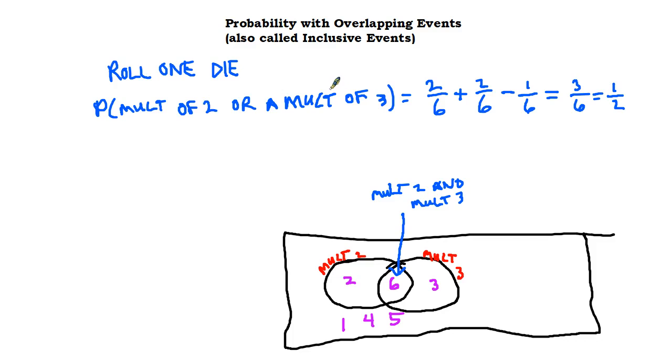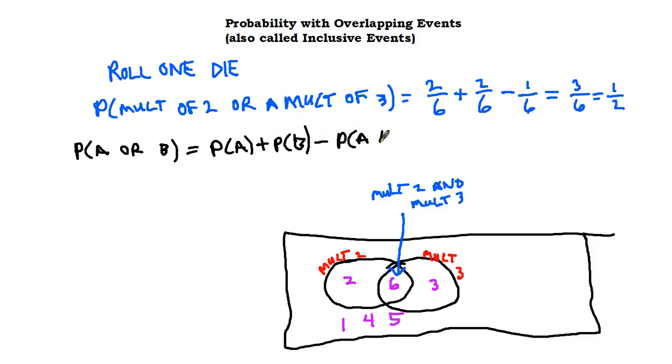Now, we're going to try to formalize this using an algebraic formula. If we're trying to figure out the probability of A or B, and we know that the events are overlapping or inclusive, then our new formula looks like this. We use the probability of A plus the probability of B, and we subtract off the probability of A and B, if there is one, of course.